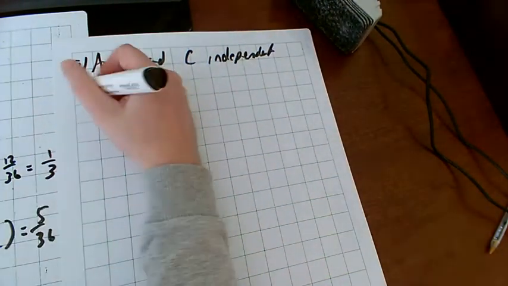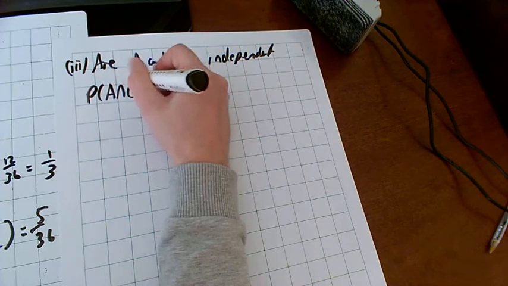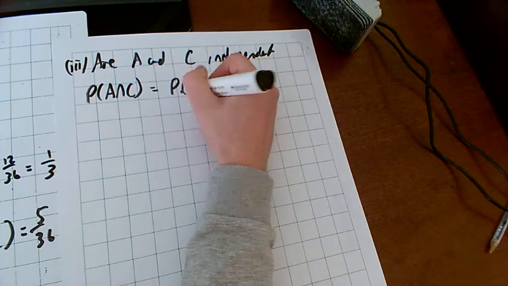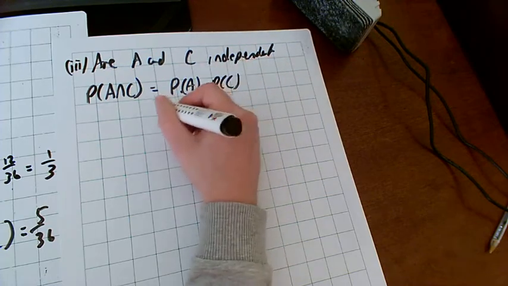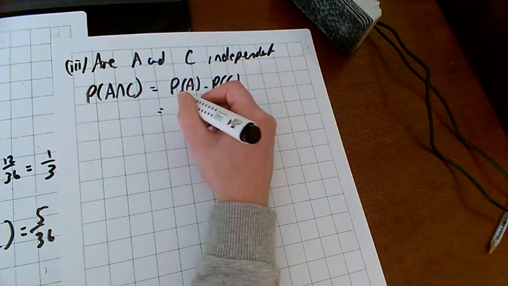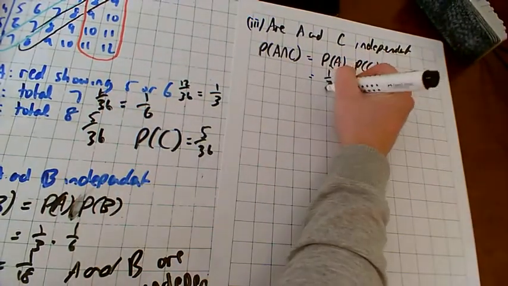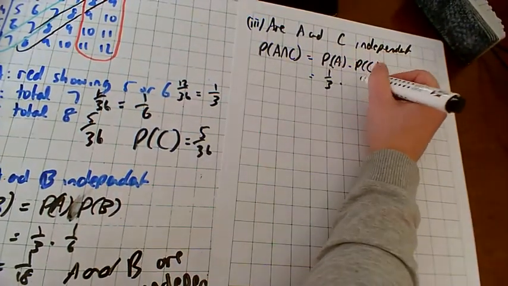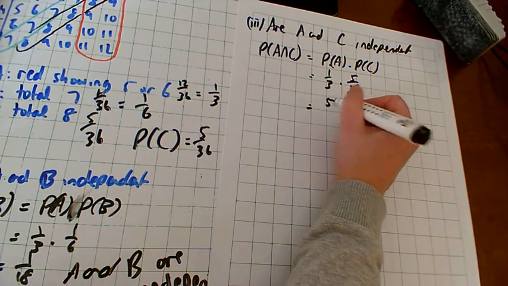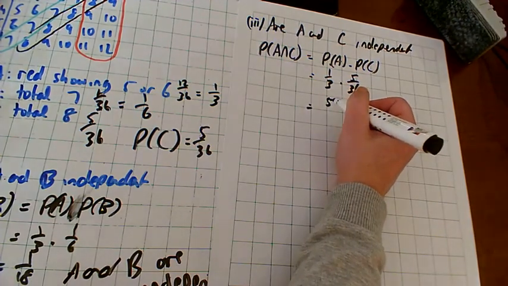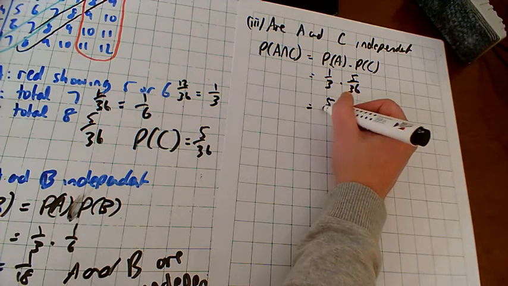So that would mean that the probability of A intersection C should be equal to the probability of A times the probability of C. We know the probability of A is 1/3 from before, and the probability of C is 5/36. So we'll just simplify that out: 5 over 108.